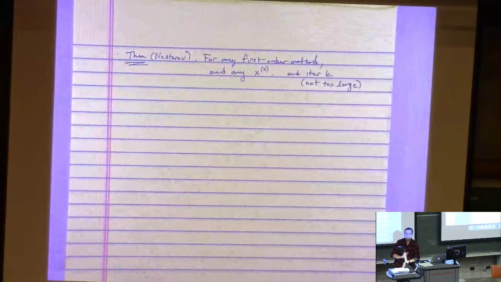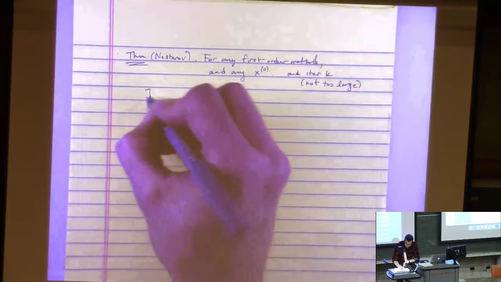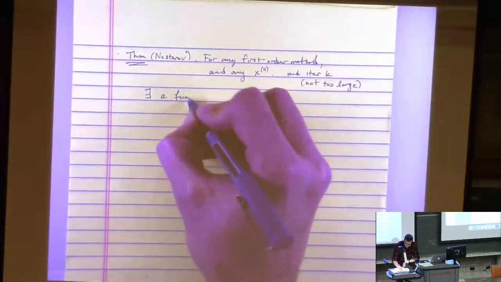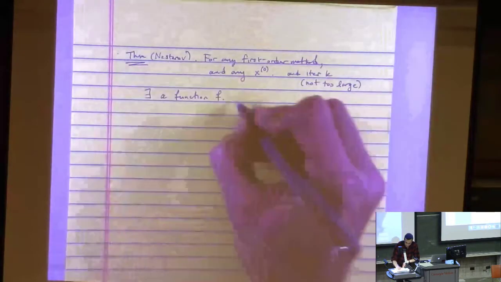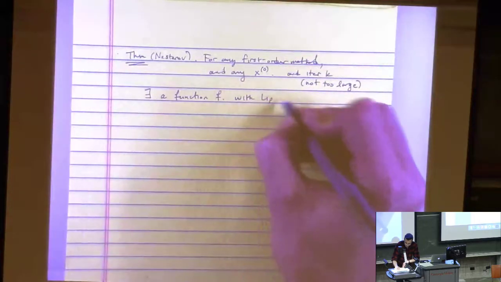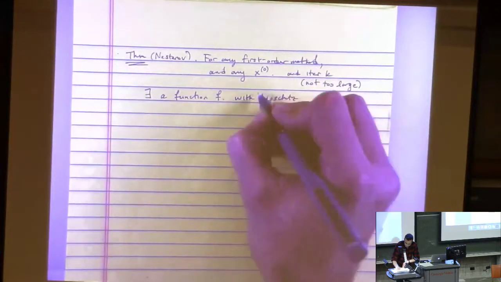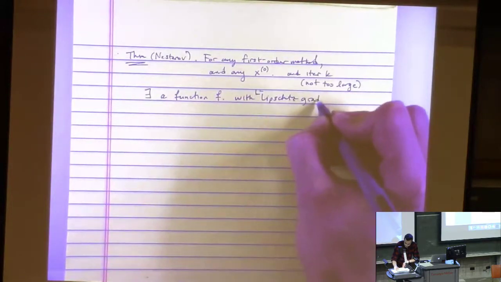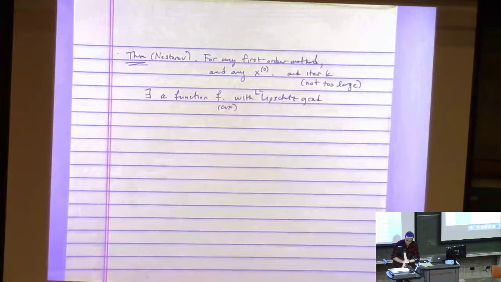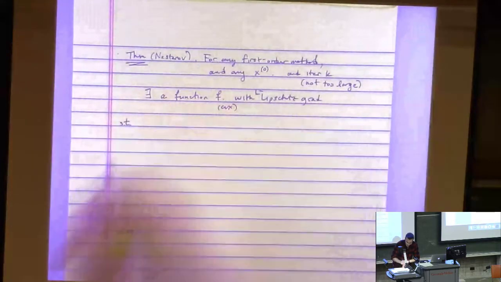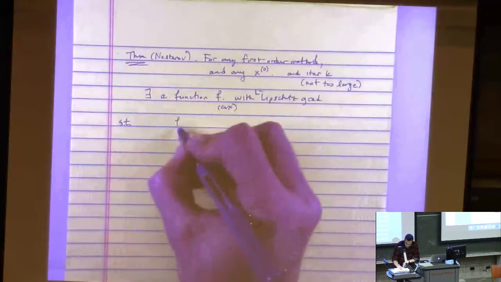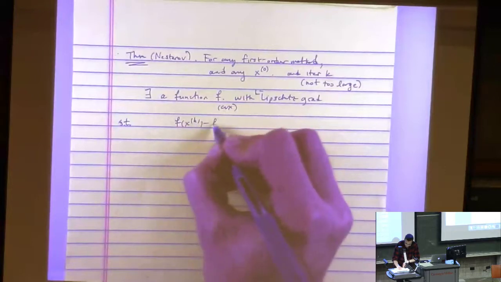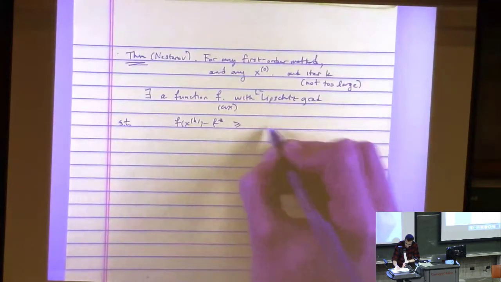So you can't look at k being much bigger than the dimension of the problem, say, something reasonable. There exists a function f with Lipschitz gradient. So maybe with L Lipschitz gradient, and it's convex too, such that f of xk minus f star is bigger than or equal to something on the order of 1 over k squared.